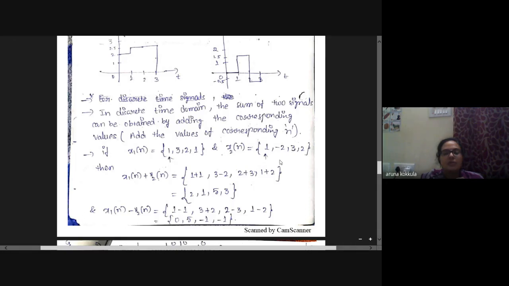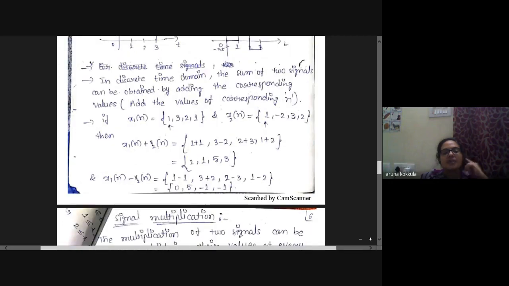These two sequences start at n equals 0, because the arrow mark represents the starting element. By adding the two signals x1 of n plus x2 of n, you add the magnitudes, that is 1 plus 1, 3 minus 2, 2 plus 3, 1 plus 2. You get the magnitudes as 2, 1, 5, 3.